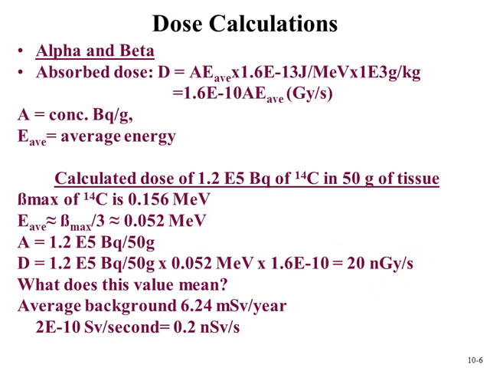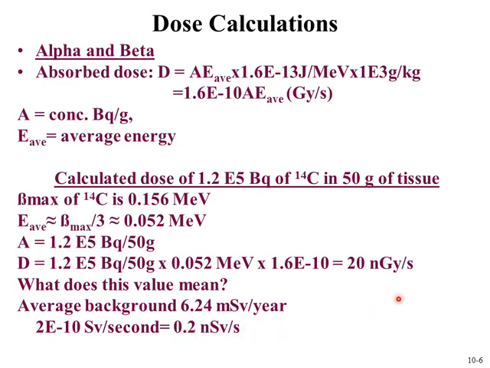Doesn't sound like a lot. The question is, how can we compare this value so we get an idea of whether that's actually a high or low dose? Well, if we compare it to the average background, we stated that the average background is 6.24 millisieverts per year. That winds up being about 2 times 10 to the minus 10 sieverts per second, or 0.2 nanosieverts per second.